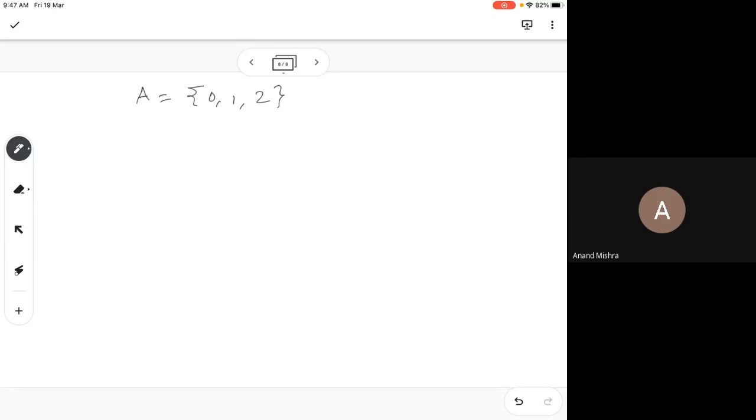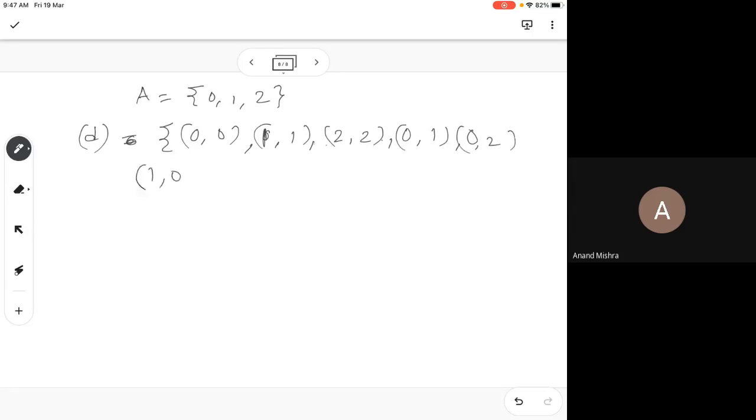Let's say I do the checking for the bigger one, that is D. D has 0,0, 1,1, 2,2, 0,1, 0,2, 1,0, 1,2, and 2,1.